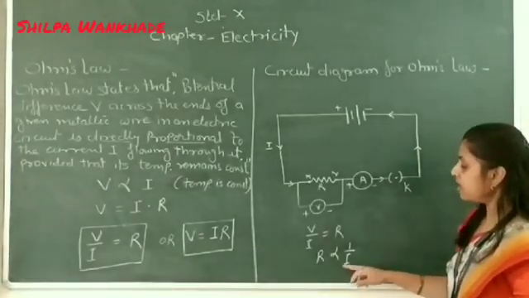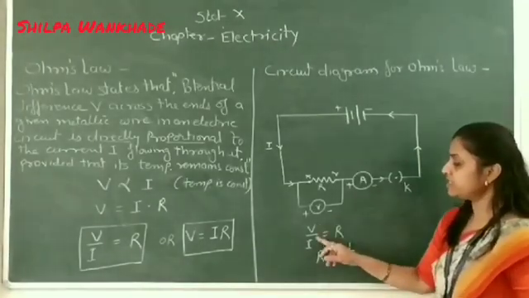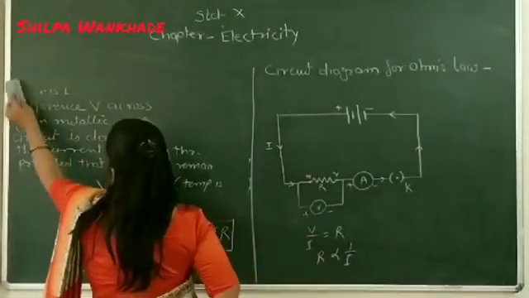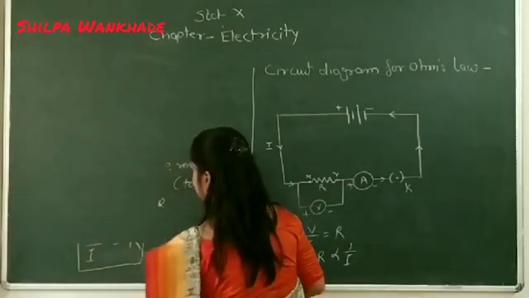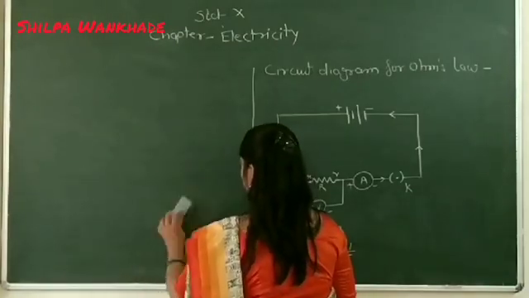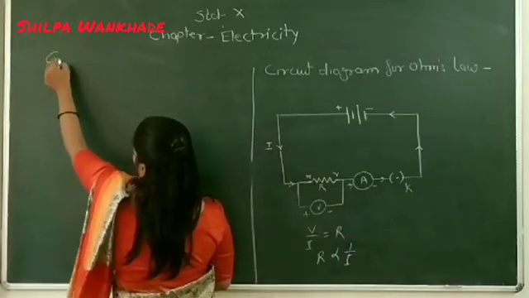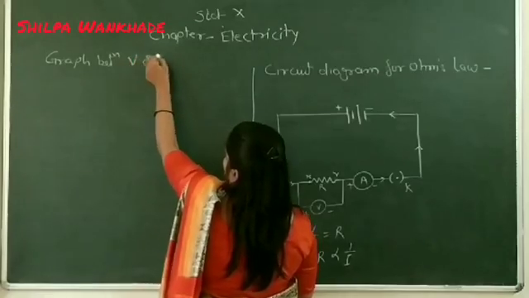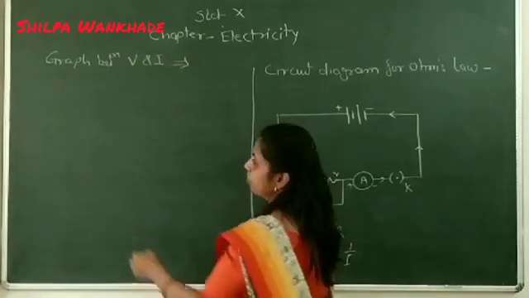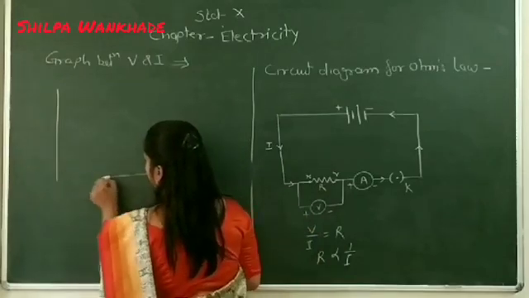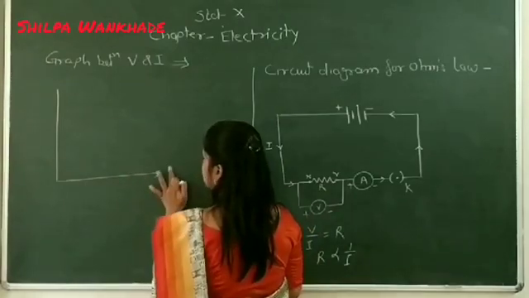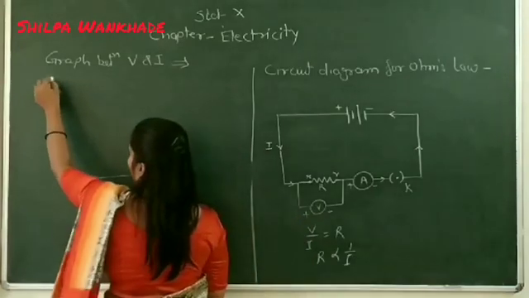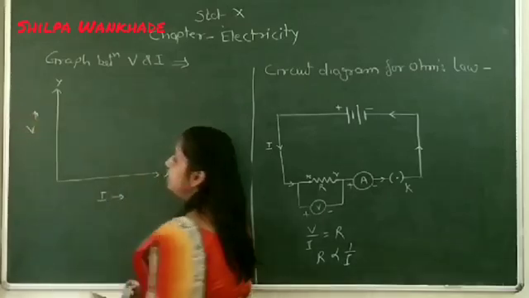Now if we draw a graph between potential difference and current, whenever we draw a graph between V and I, along the x-axis there is current and along the y-axis there is potential difference.